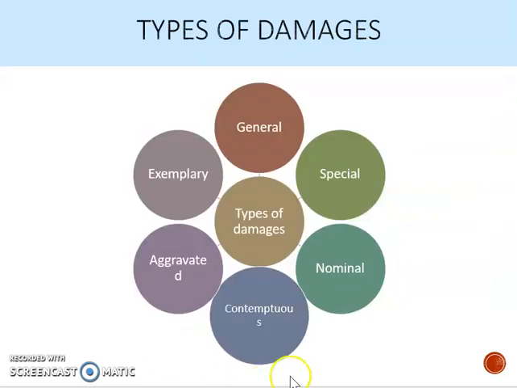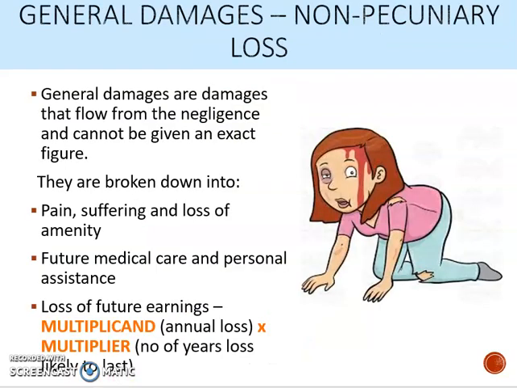When we're looking at damages, it's important to recognise that there are lots of different types of damages which are available to the court, and we're going to have a look at these. General damages are also known as non-pecuniary losses, and they're damages that flow from the negligence and can't be given an exact figure.